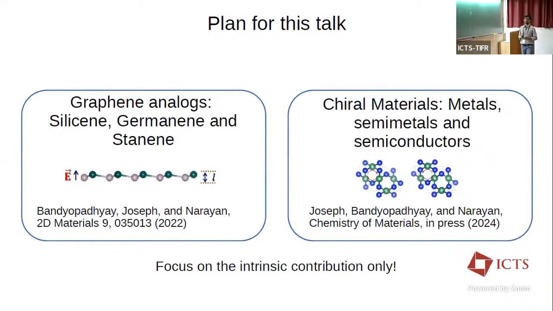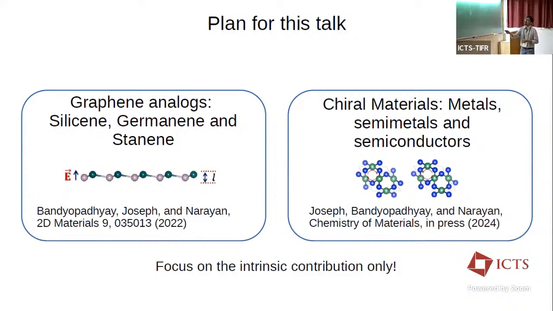Okay, so what's the plan for this talk? I'll focus on two of our recent works where we try to understand and tune these nonlinear Hall effects. The first is looking at graphene analogs, silicene, germanene, and stanene. Many of you might already be familiar with these materials, and how we can use an electric field to actually tune and enhance this Berry curvature dipole.